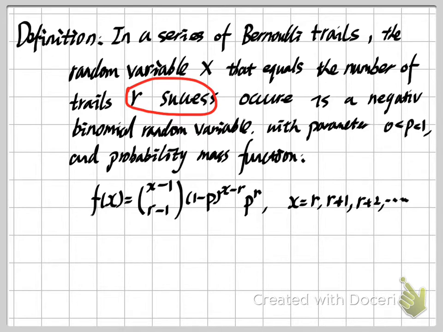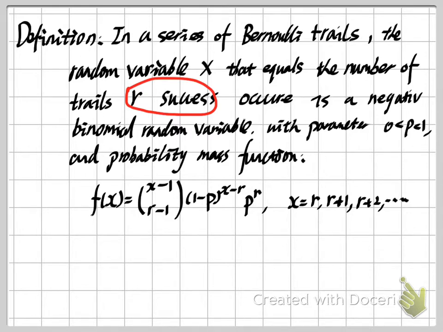That means the last trial is a success, and the previous ones have R minus 1 successes.